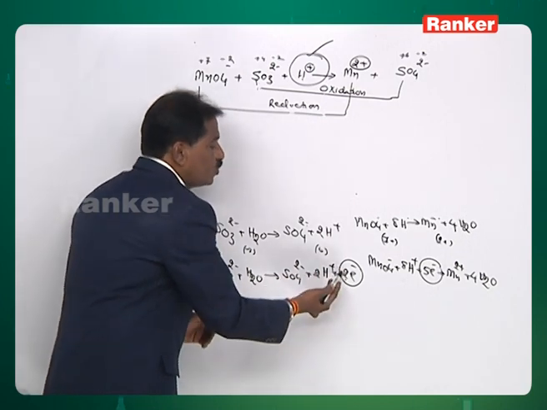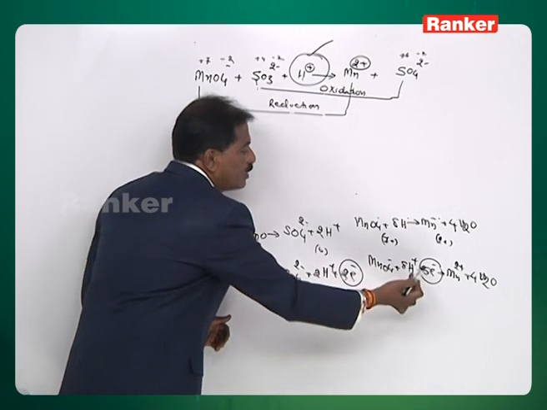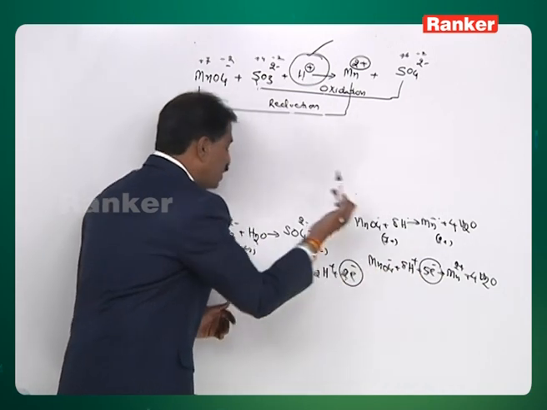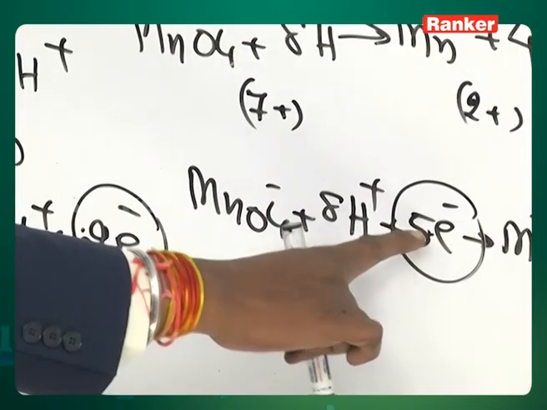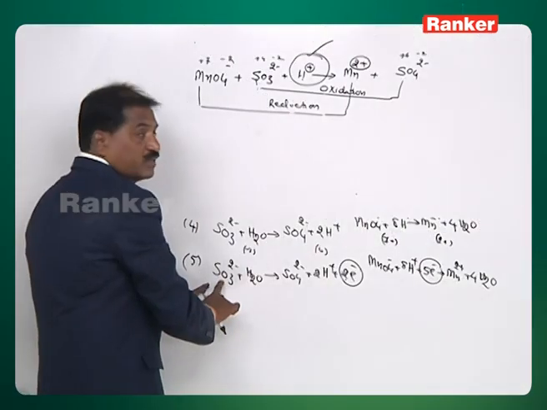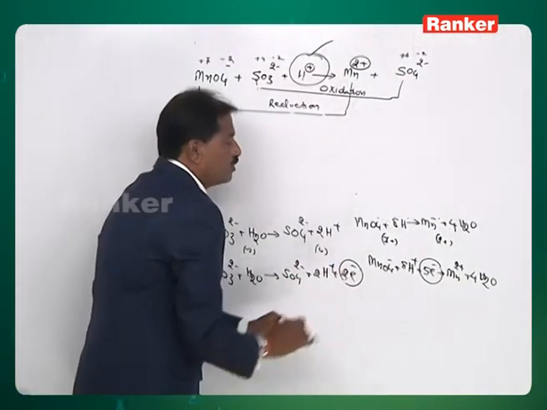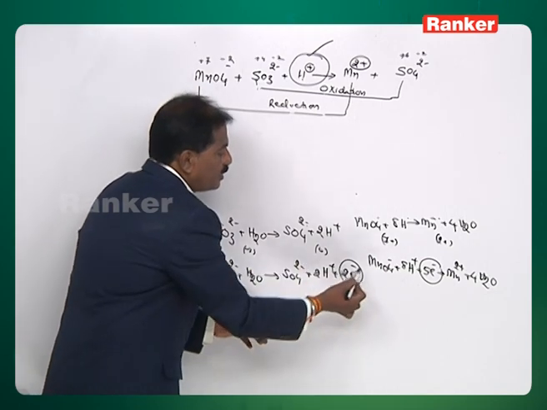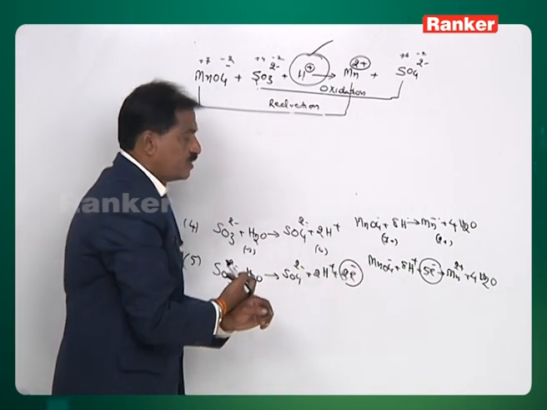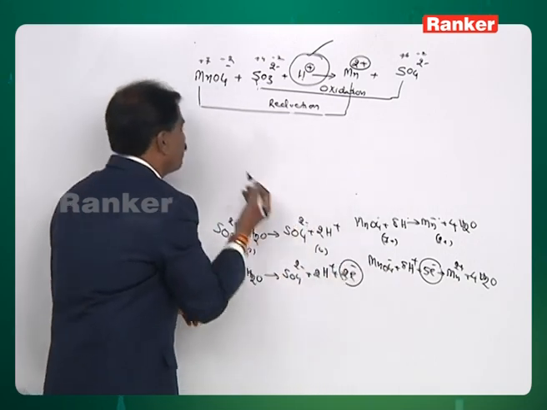Here we have added 2 electrons, therefore multiply the second reaction with the 2. Here we have added 5, therefore multiply the first reaction with that 5. That means with this 5 you have to multiply this reaction. With this 2 you have to multiply this reaction. Therefore, by exchanging the electron number, I am multiplying the opposite reactions. Therefore, first I multiply the first reaction with this 5.